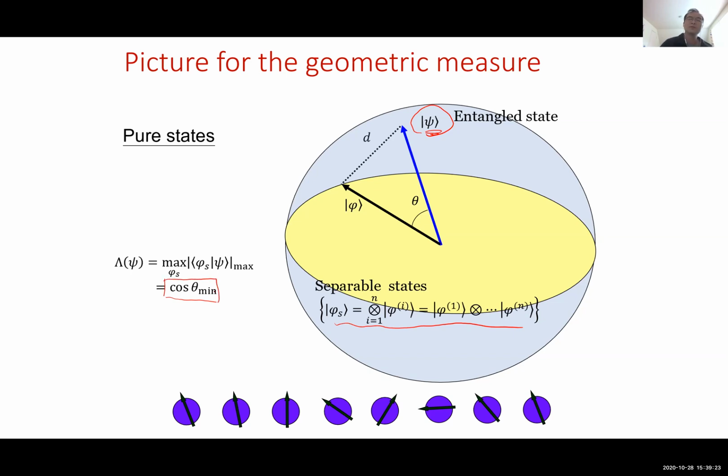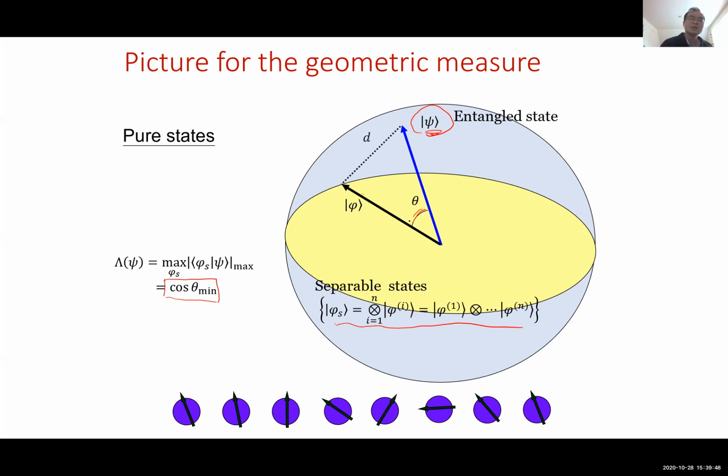If the overlap is 1, meaning they are on top of each other, that means psi is in the set of separable states, so it's not entangled. But if there is some angle between them, that means it's entangled. The larger the angle, the larger the entanglement. That's the picture, a geometric picture.